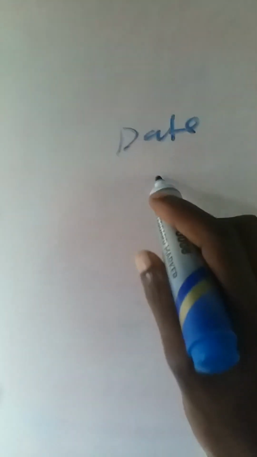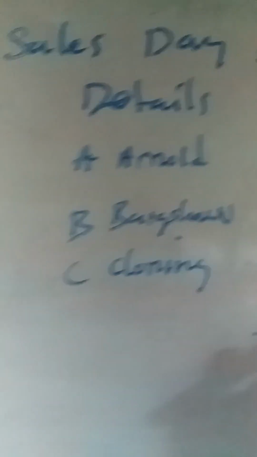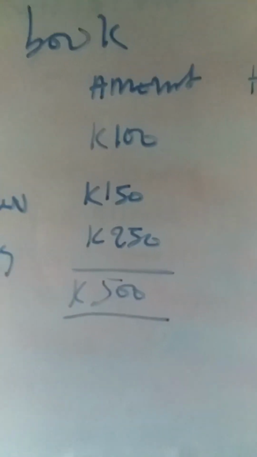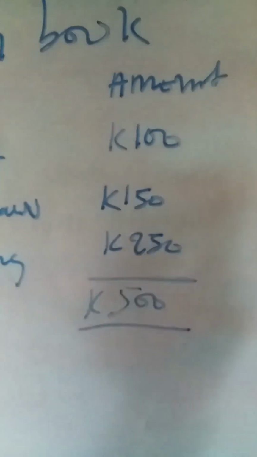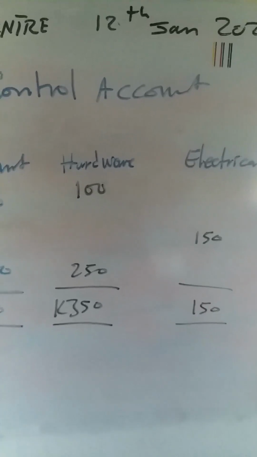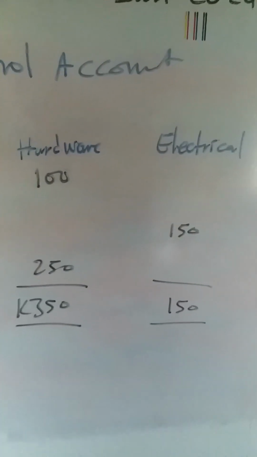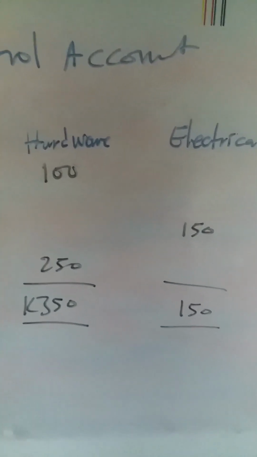These are the sales we had in a month. Of course, in the dates, you indicate the dates when these transactions were happening. They are about December, both of these. So you indicate the dates here and then the amount there. And then for hardware, electrical, we have that.